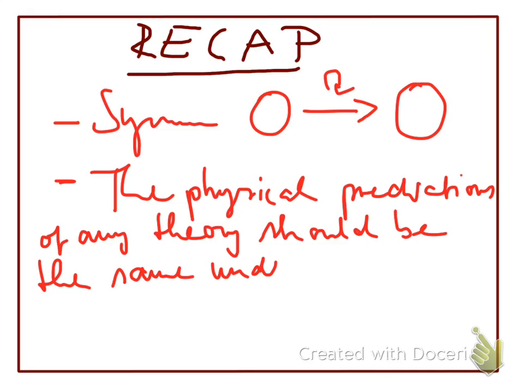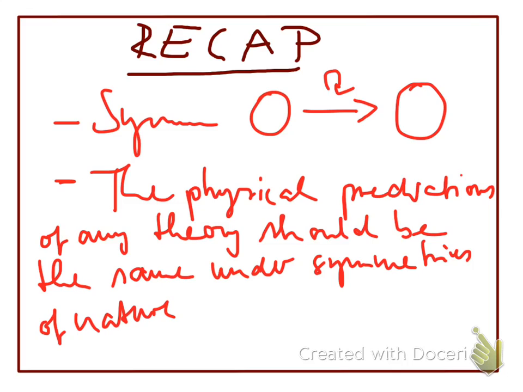under those symmetries that exist in nature. I mean, not any symmetry. Again, we're not expecting any theory to be invariant, to be the same under all kinds of symmetries. There is probably only one super trivial theory that could satisfy that.